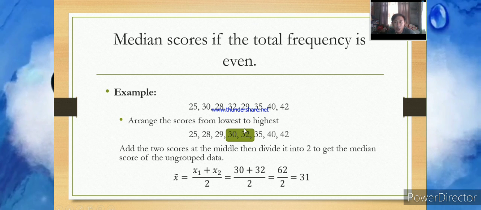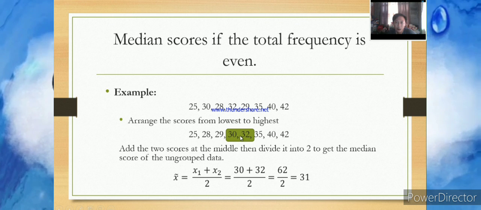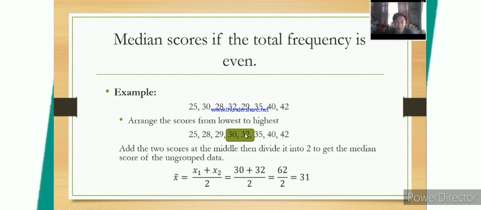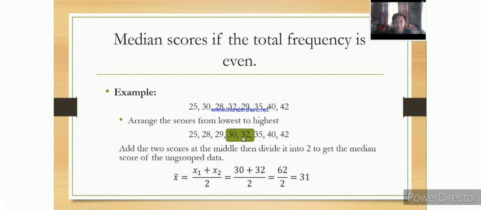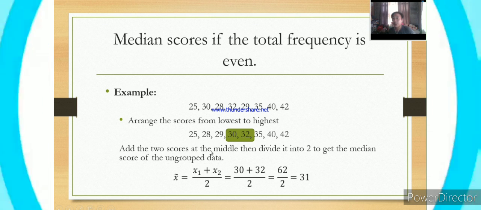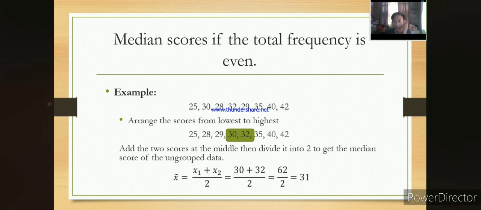And we notice that we have two numbers in the middle. So in order to get the median score of this data, we have to add the two middle scores and divide by 2 to get the median of the ungrouped data.